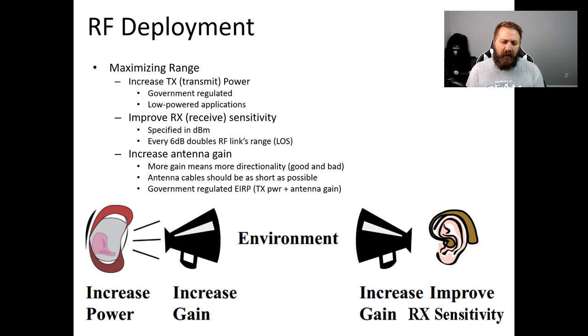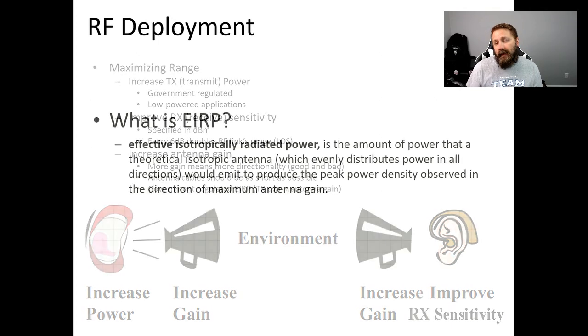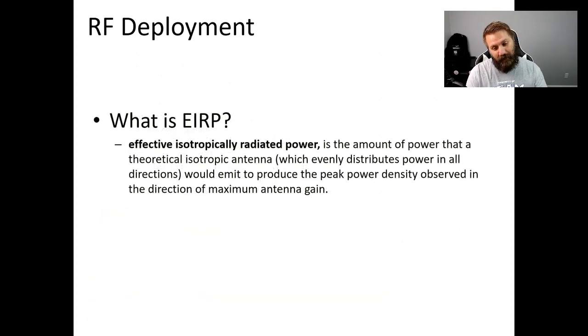And then we talk a little bit about government-regulated EIRP. It's the TX power plus the antenna gain. So we have to explain that. What is EIRP? Everybody's probably heard it. Do you know what it means? Effective isotropically radiated power. Sounds fancy. Basically, all it is, it's the amount of power that the antenna will eventually emit.